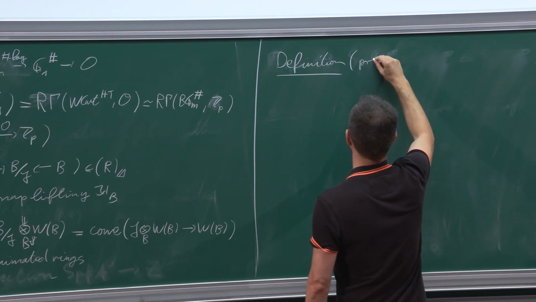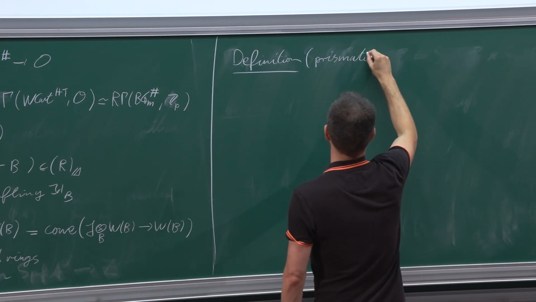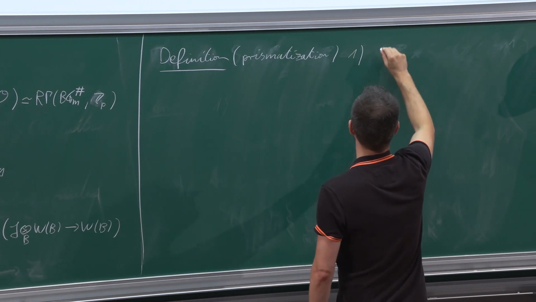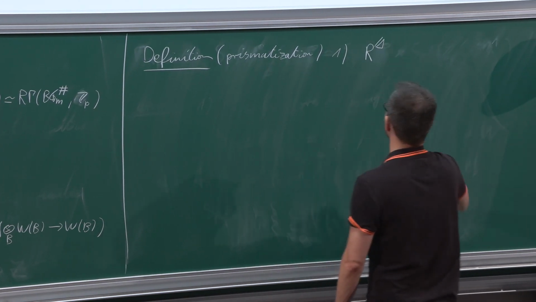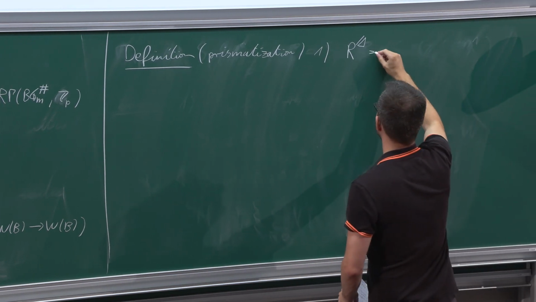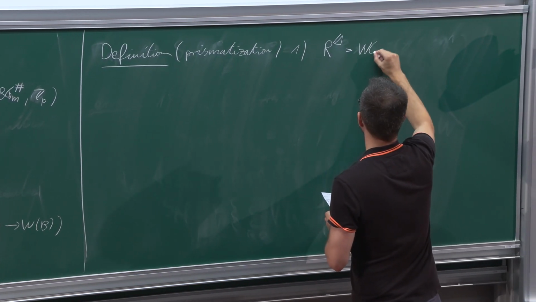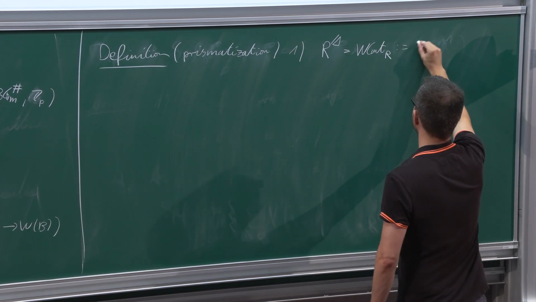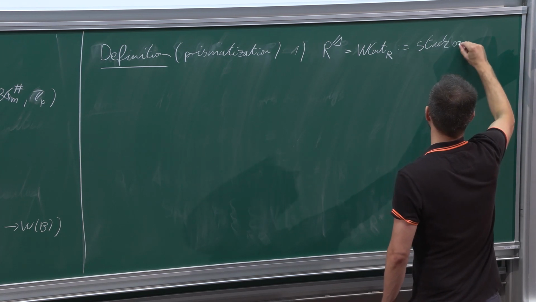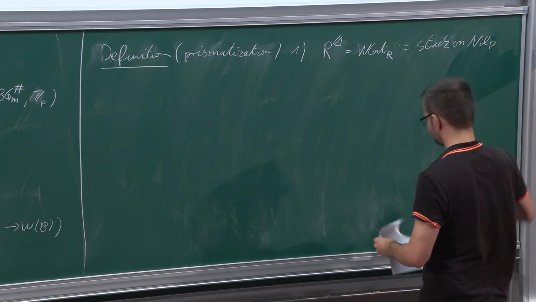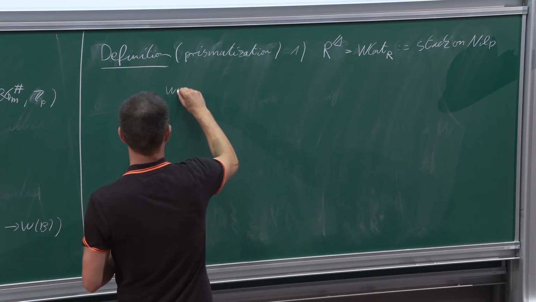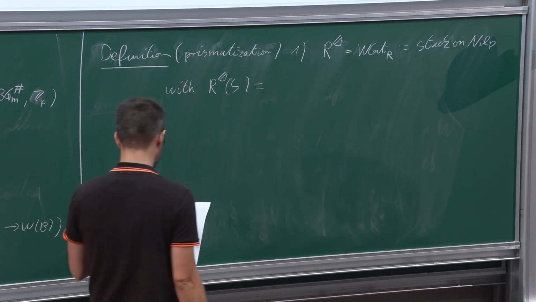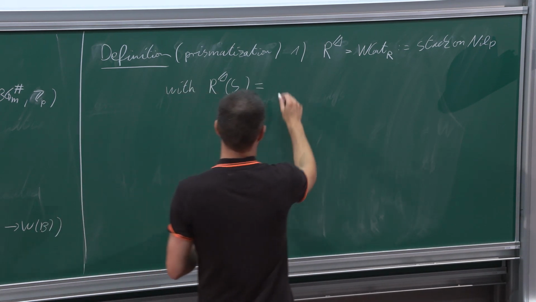This is the definition of prismatization. There are some notations for it. One can use R upper prism, or also the notation is WCart lower R. In any case, it's the stack on nilpotent rings such that R prism of S is given by the following groupoid.